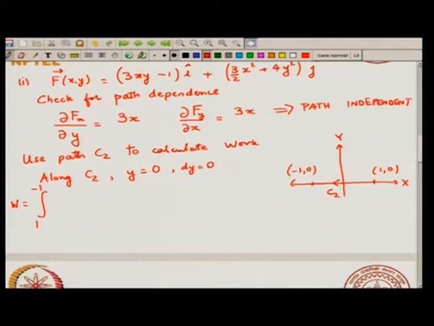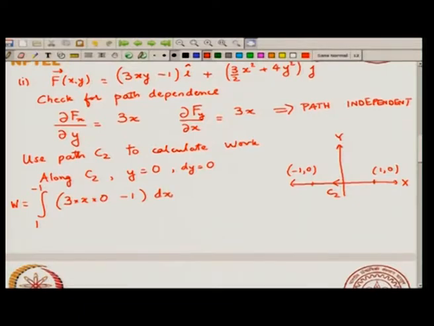So the only term that will contribute will be the x component. So now I will get (3xy - 1) dx. But since y equal to 0, I have (3 times x times 0 - 1) dx.